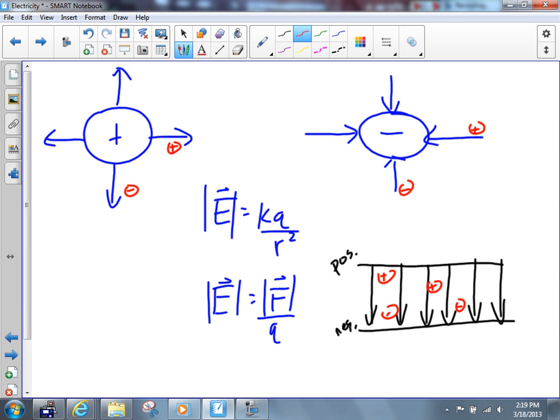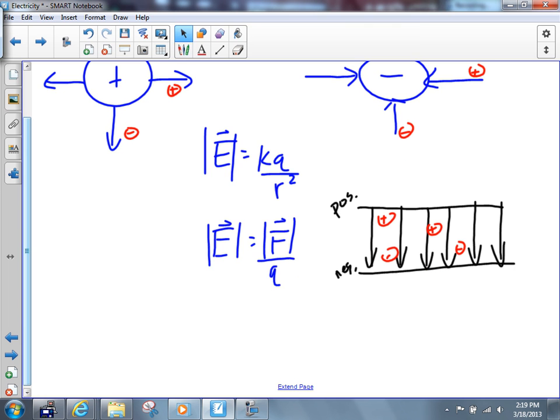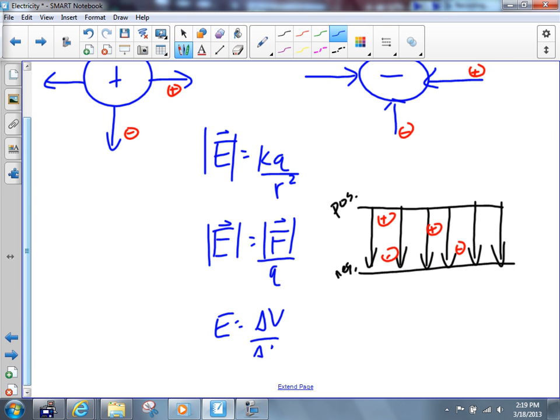The good news is we learned another one on Friday that's valid for a uniform field: E is equal to delta V over delta D. What does delta D stand for there? Yep. Good, it's the distance between the plates.